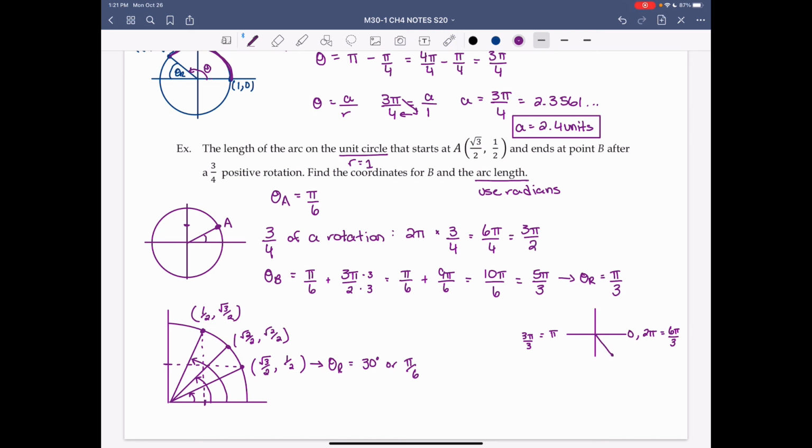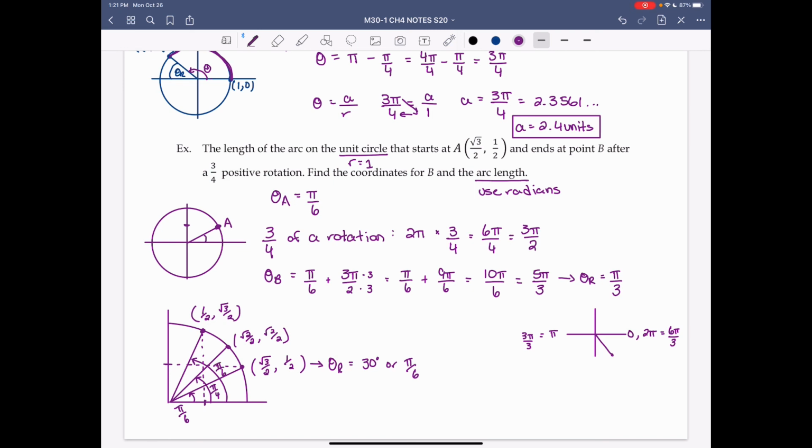And what are the x and y values for that point? Well, if we go to this diagram again, pi over 3 is bigger than pi over 6, right? So pi over 6 is our small angle. Then we have pi over 4 is the middle one, and then pi over 3 is the bigger one.